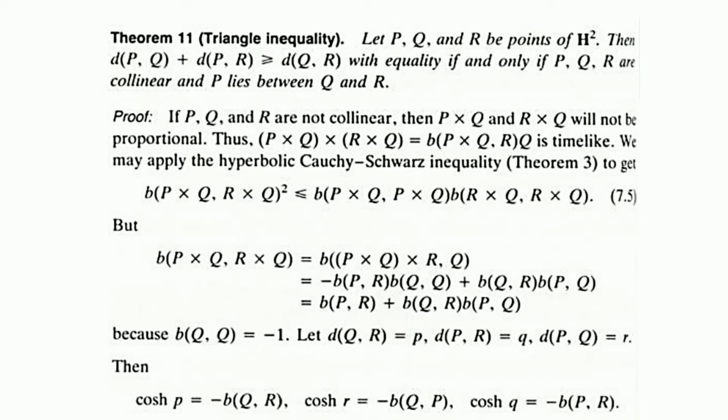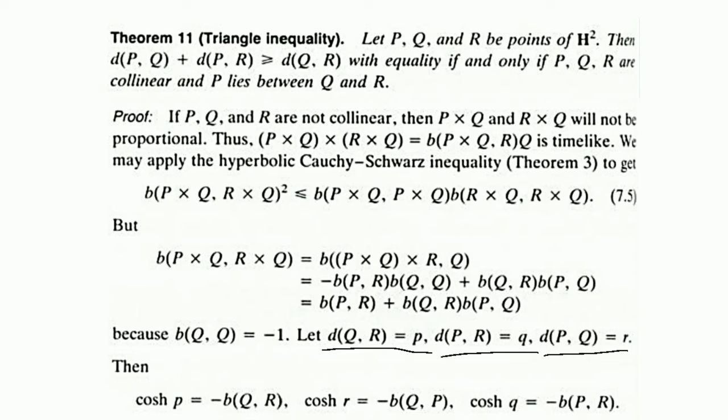Because B of QQ is equal to negative 1, let the distance QR equal P, the distance PR equal Q, and the distance PQ equal R. From that, we can substitute using the earlier definition of gamma and mu.